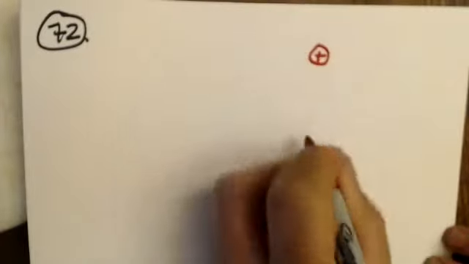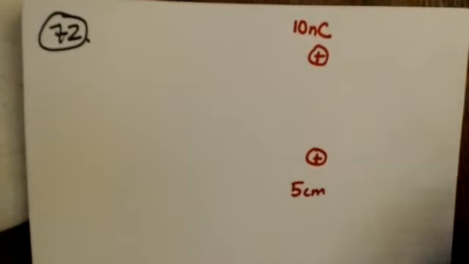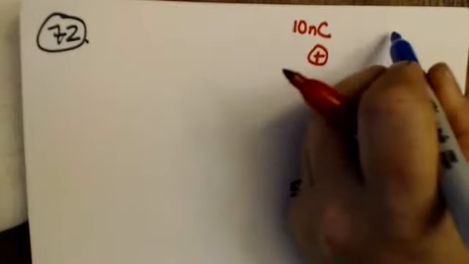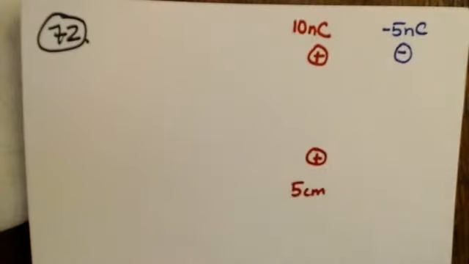It looks a lot like the picture we just had. This one is 10 nanocoulombs, and this one is 5 nanocoulombs. And then I've got this one, which is negative, and this one is minus 5 nanocoulombs.